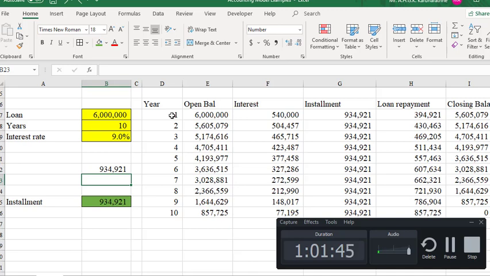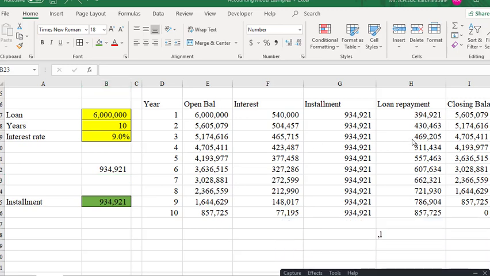So here, assume an annual basis calculation for 10 years, accordingly only 10 installments. If we considered a monthly basis, 12 times 10 years, there will be 120 payments. Then you can see on this particular screen how the loan installment is computed.